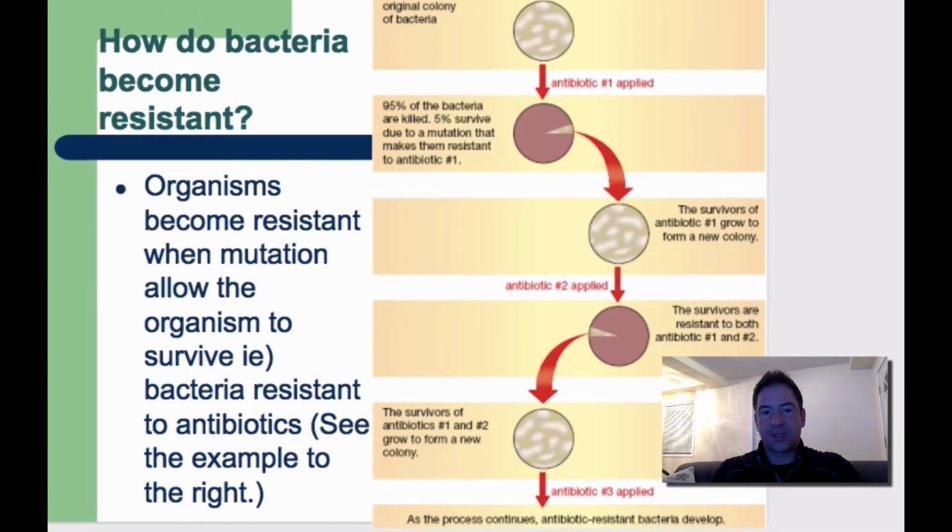Looking at the next section, what we need to talk about is how bacteria become resistant to things like antibiotics. Basically, if we don't take our whole prescription, there's leftover bacteria, and they have the opportunity to mutate.